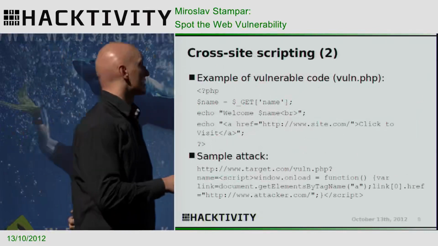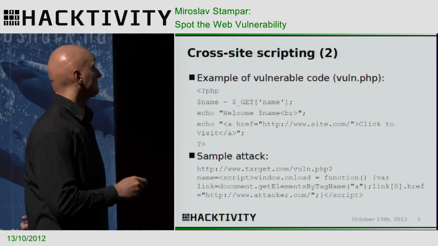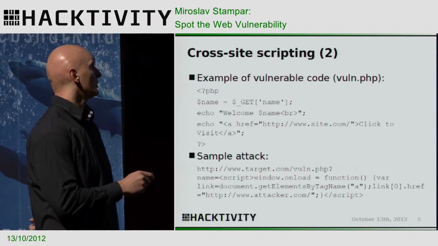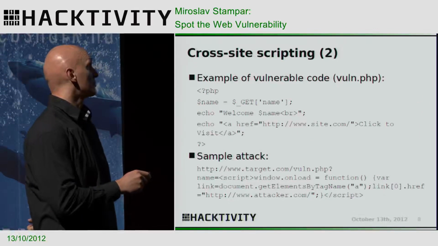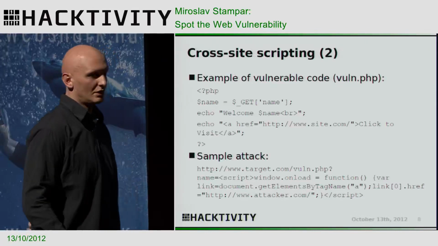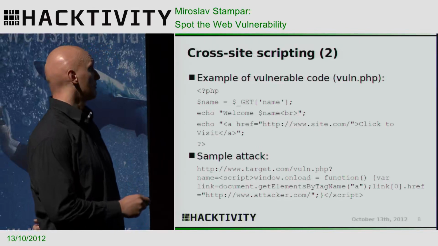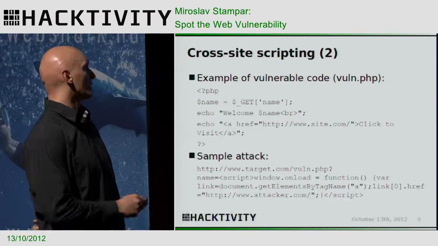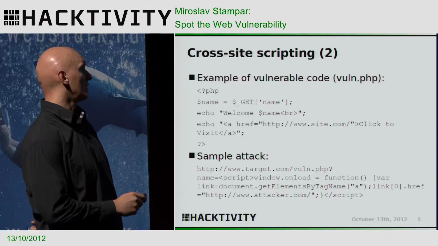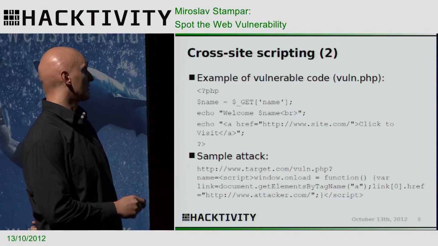Hello world of cross-site scripting goes like this. Basically, you have a GET parameter which is unfiltered, and you just put it into the output of the web page. A sample attack could go like this. Instead of putting in your valid name, you can put inside the GET parameter something like this.